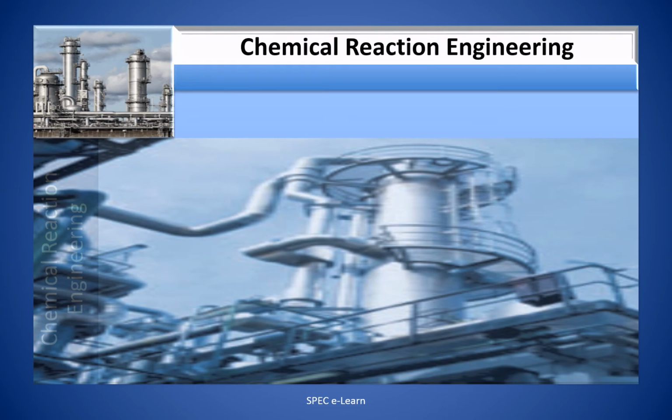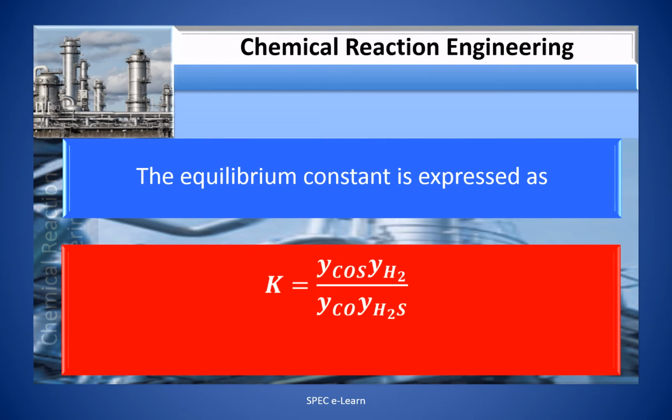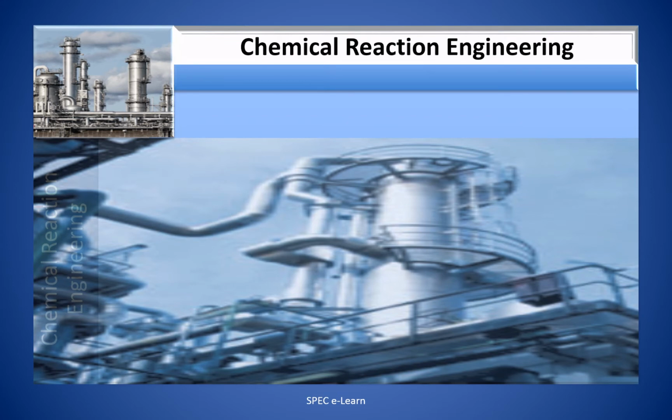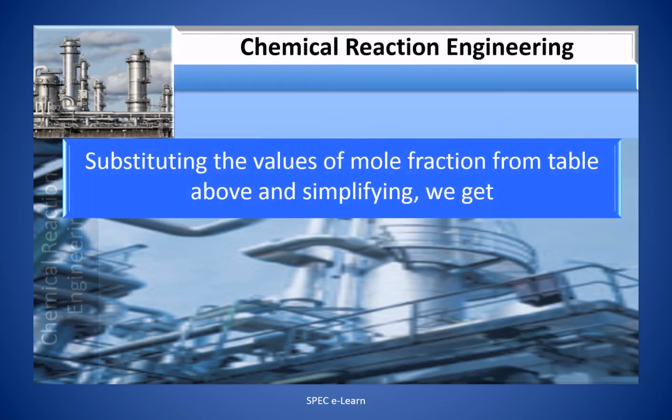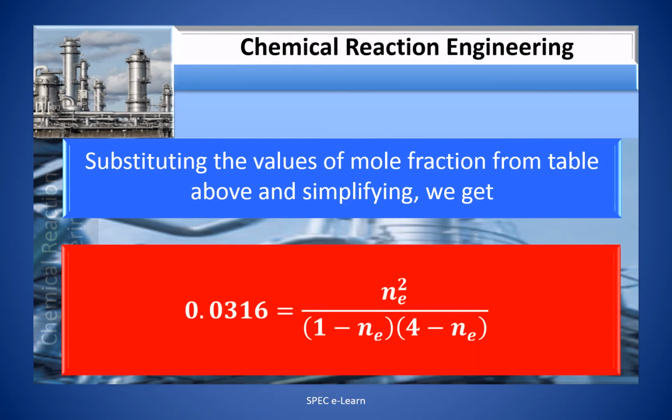Equilibrium constant is expressed as K equal to YCOS times YH2 divided by YCO times YH2S. Substituting the value of mole fraction from the table above and simplifying, we get 0.0316 equal to Ne squared divided by (1 minus Ne) times (4 minus Ne).